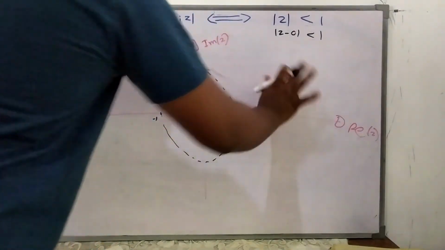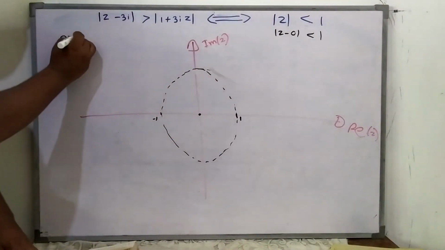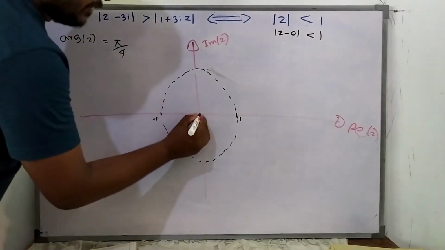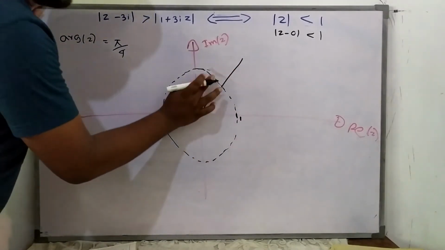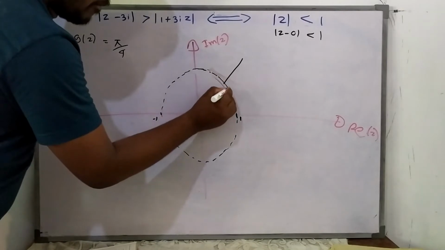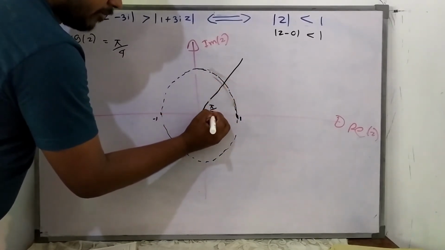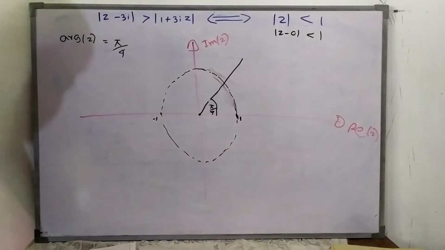Then we need argument z equal pi by 4, so it's like this way. This is my argument z equal pi by 4. So we know we need both, right?